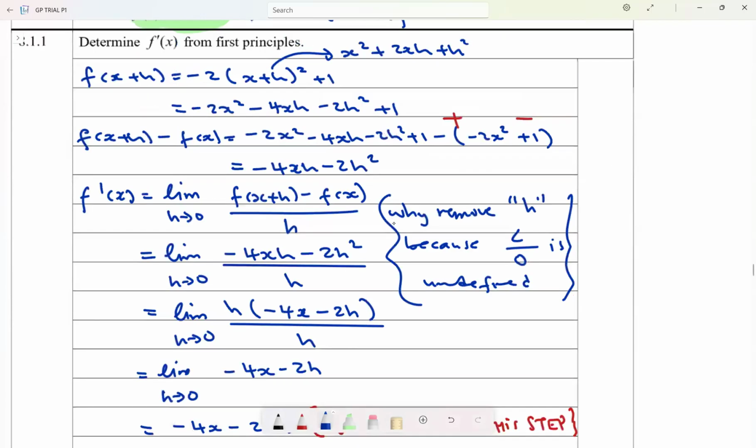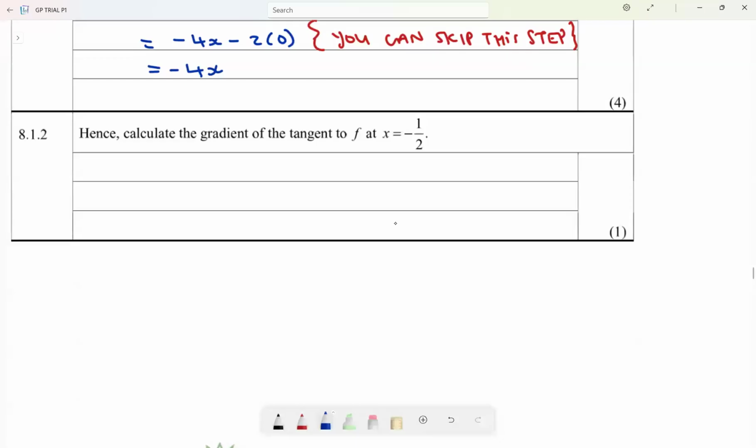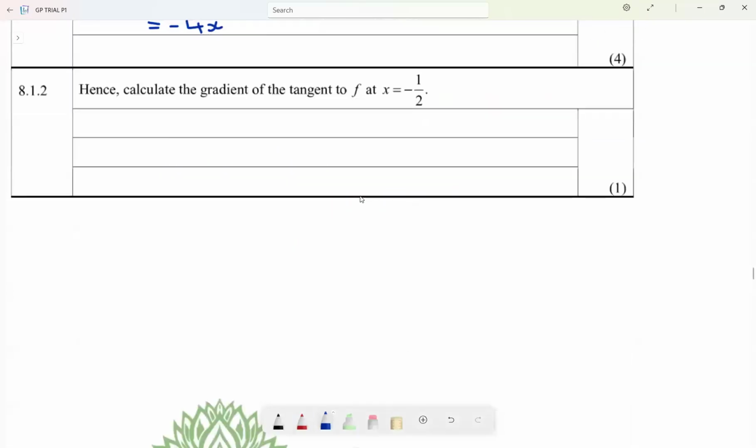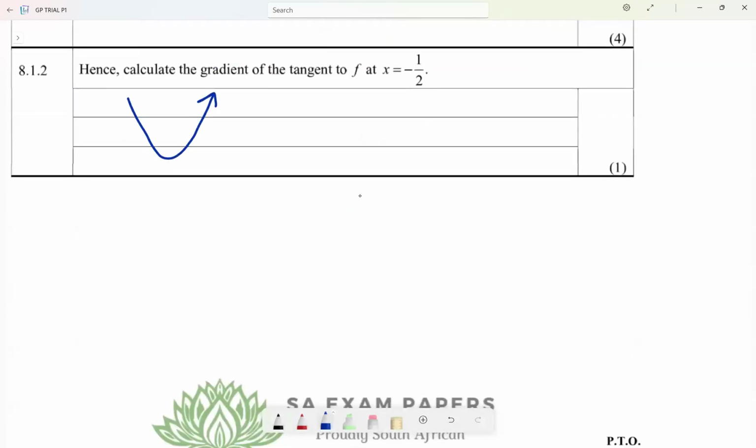Remember, when I have a function, this function that I have here is a parabola that is facing downwards. And they say I have now a tangent thereof. And now they are telling me at x is equal to negative half.